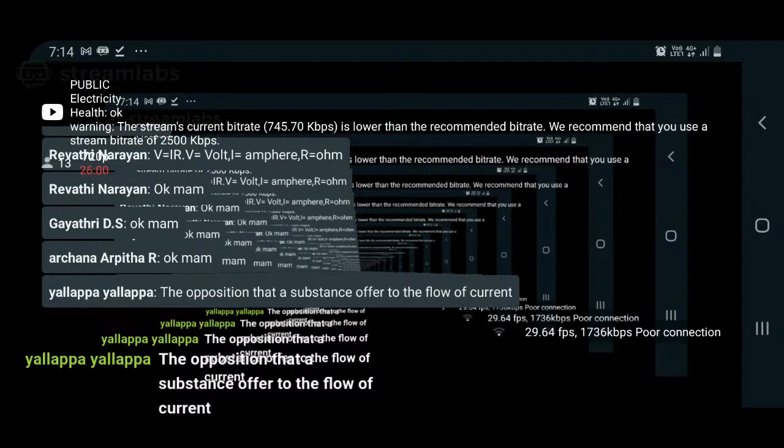Yeah, Rajni, it's correct. Any other way of conveying your answer? How are current and resistance related? Rajni gave one statement, even that is correct.